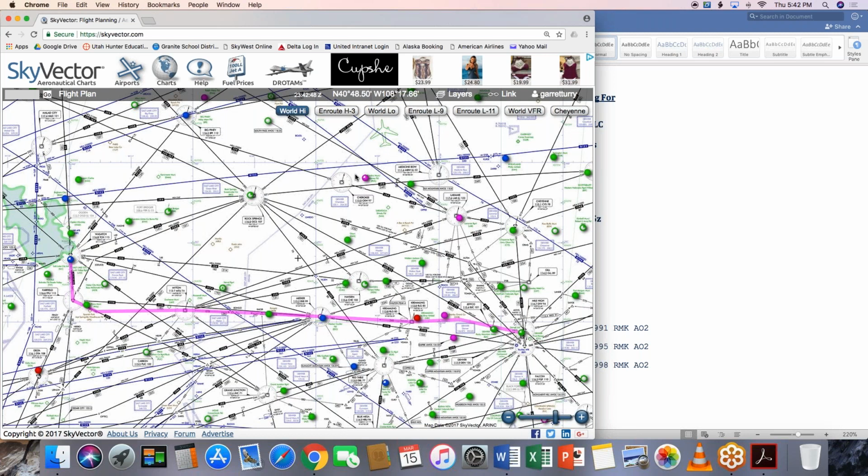So after we figure out our weight and balance, what's our next step? Does anybody remember? Flight altitude. Yeah, we got to get our altitude capability correct. So in order to get our altitude capability, what chart are we using and what do we have to know? We have to know the direction we're flying. Okay, got to know direction that we're flying. Is it an eastbound or westbound flight? It's a westbound flight.